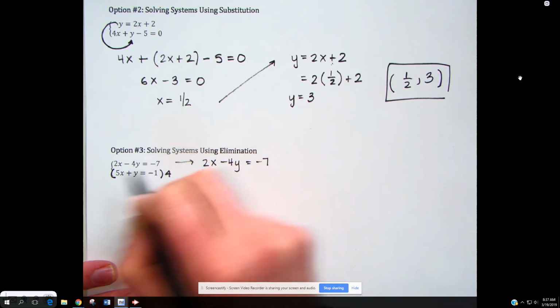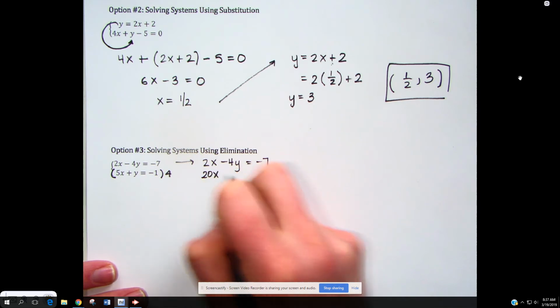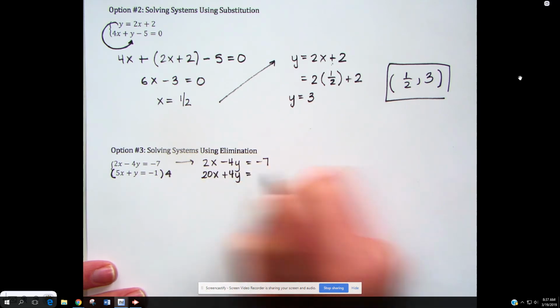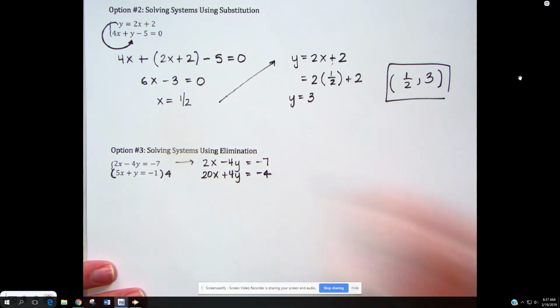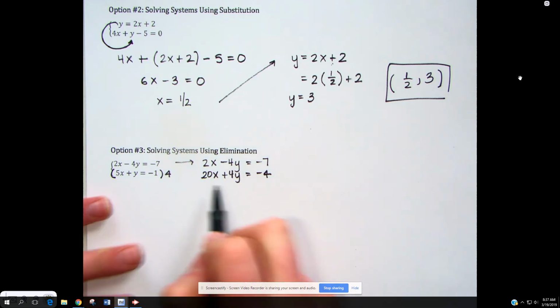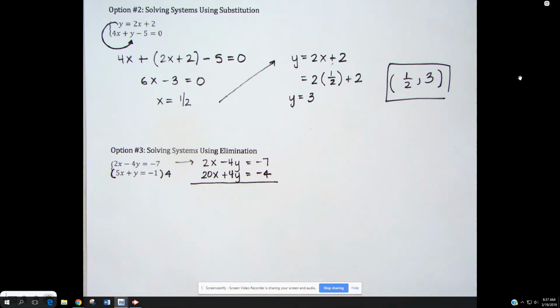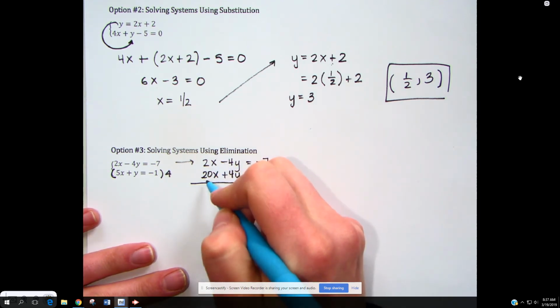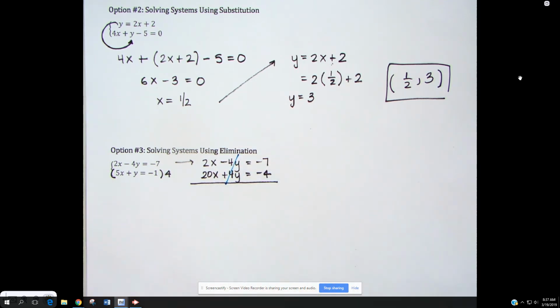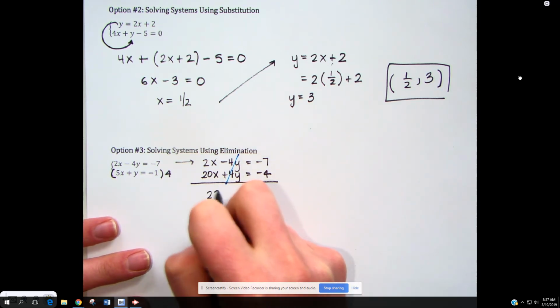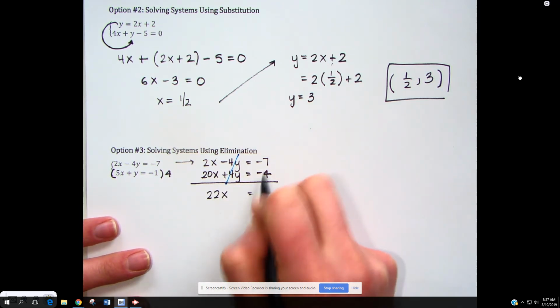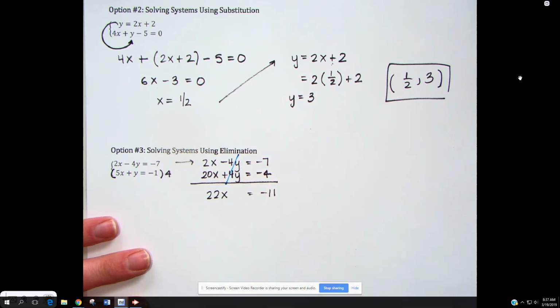And I'll get 4 times 5, that's 20x plus 4y, and on the right-hand side, -4. And then I'm going to go ahead and add my equations together. And what happens when I do that is I can combine my x's, I can combine my y's, but a -4 and a +4 makes a 0. So I'll be left with 22x on the left-hand side and a -11 on the right-hand side.